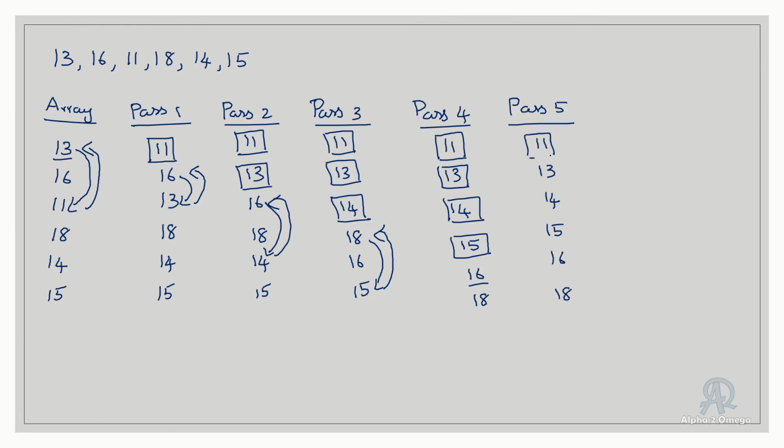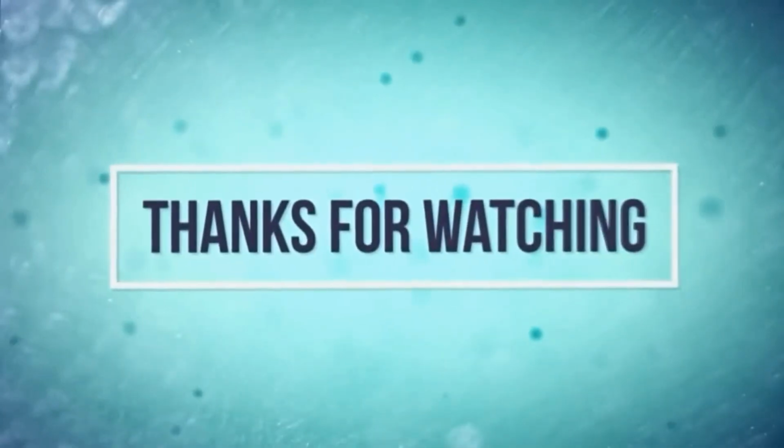So all these are sorted. This is my final output. So in 5 passes I have got the sorted list. So this is selection sort.